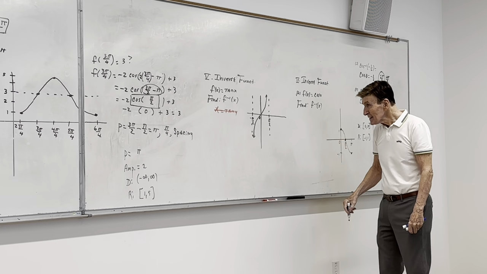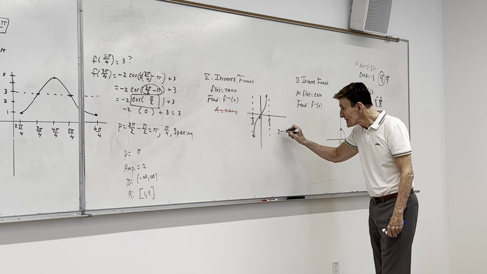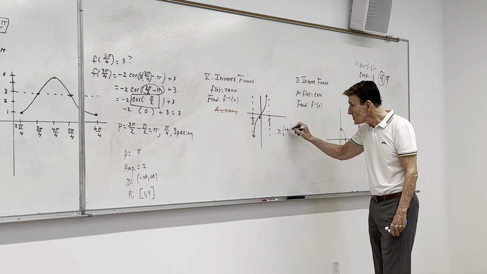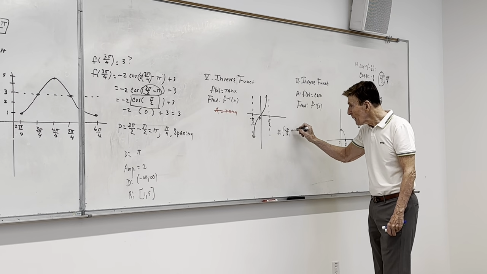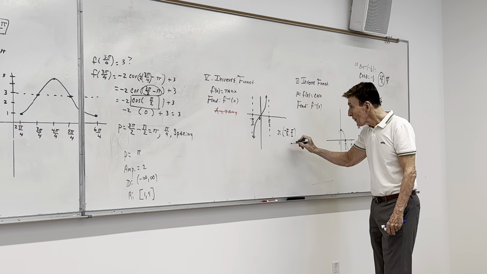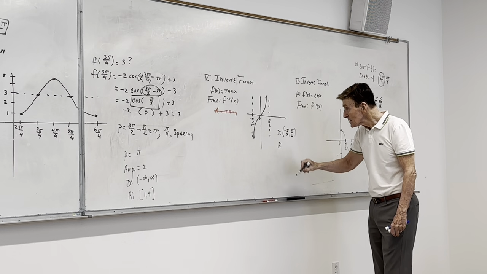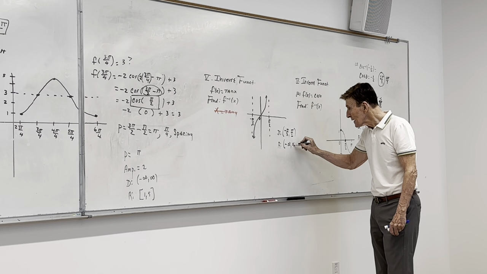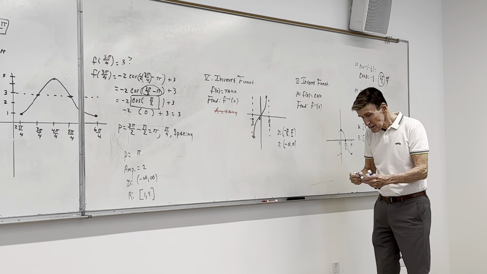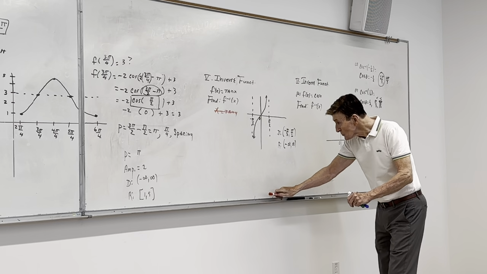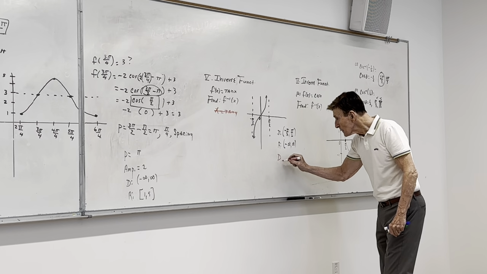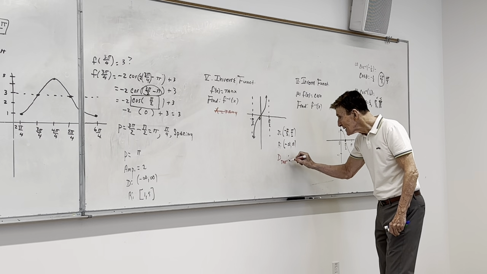If I use this, the domain on this little slice, this one little cycle, is from negative pi over 2 up to pi over 2. The range on this little slice is negative infinity through infinity. Now tell me, based on what you see there, what should the domain of the inverse, in other words inverse tan, be?